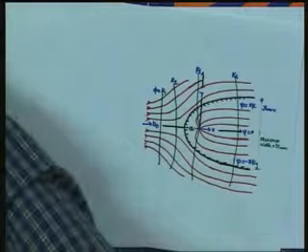So like this we can superpose various elementary flows: the uniform flow, or we can superpose the source, sink, doublet, or the vortex. These are the elementary flows, and then we can obtain complex flow phenomena like we have seen, the half body, the flow past a circular cylinder, or the Rankine oval.